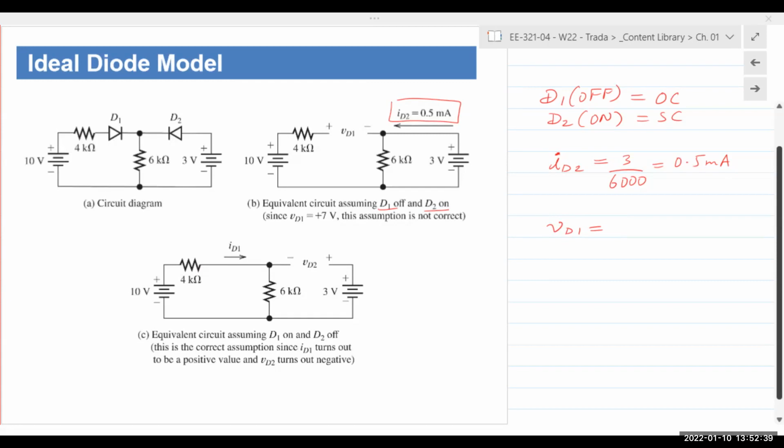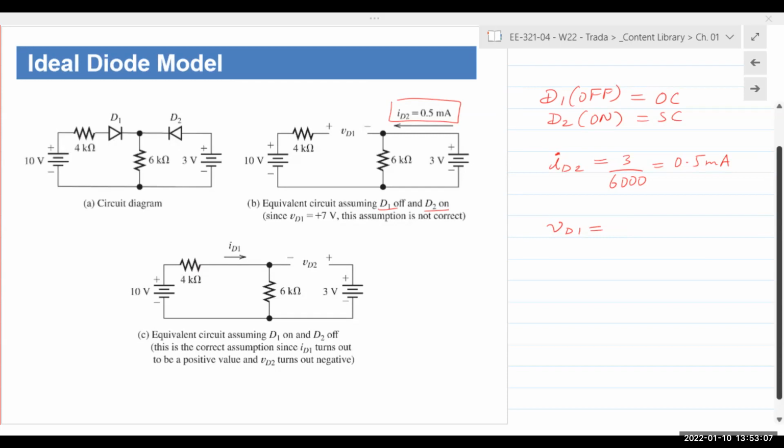So VD1 is the voltage measured at the anode with my reference point at the cathode. This is an open circuit. My assumption is that this is an open circuit. If it's an open circuit, I should have 10 volts right here. No current can flow through, so these 2 points are exactly the same. So 10 volts at the anode, 3 volts at the cathode. So it's plus 7 volts.